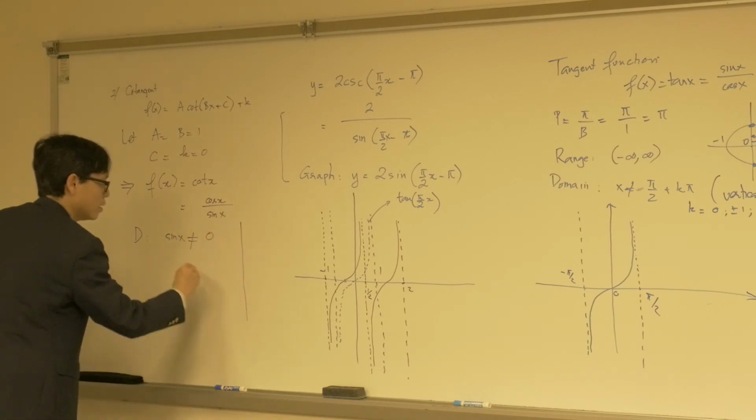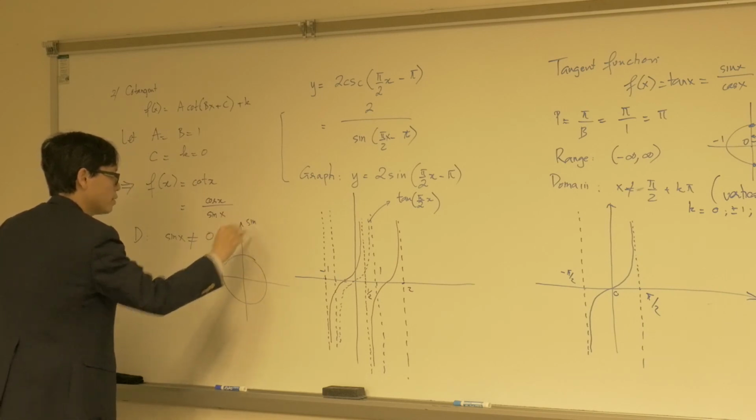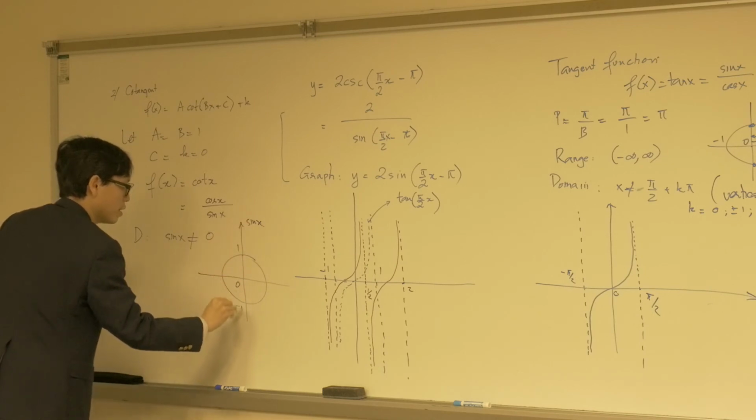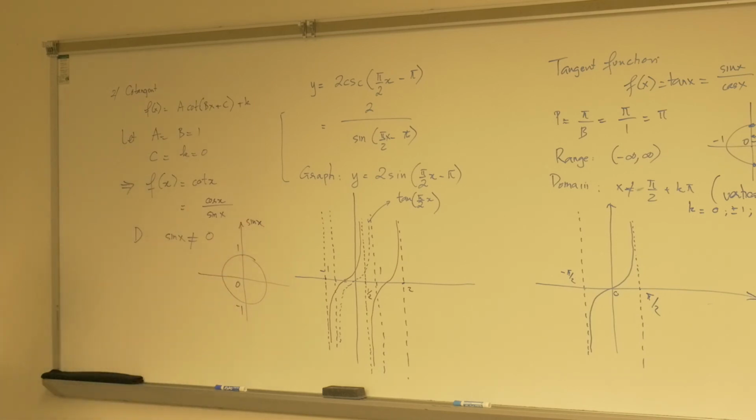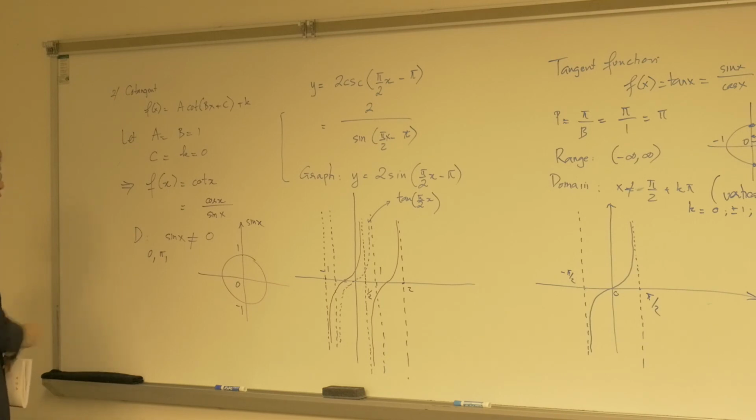We have a unit circle that looks like this, and this is sine, and this is 1 here, 0 here, -1 here. What values of x make sine of x turn out to be 0? 0 is one of them. What else? Pi. What else? 2 pi.